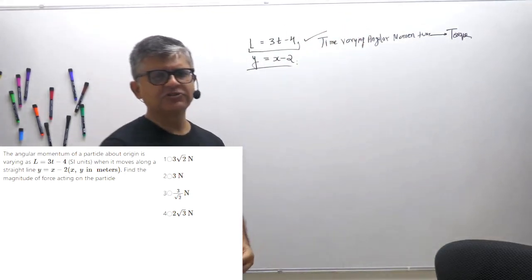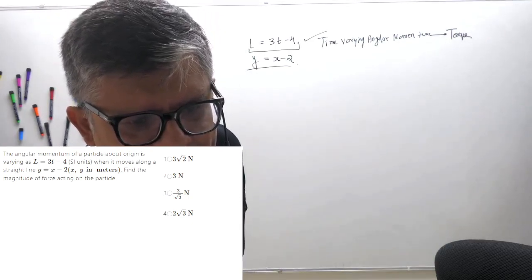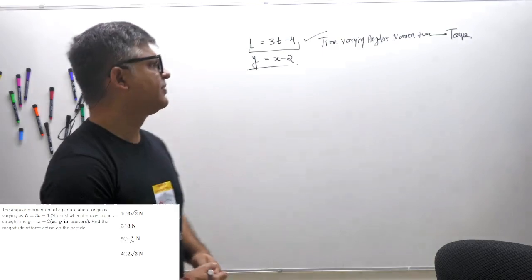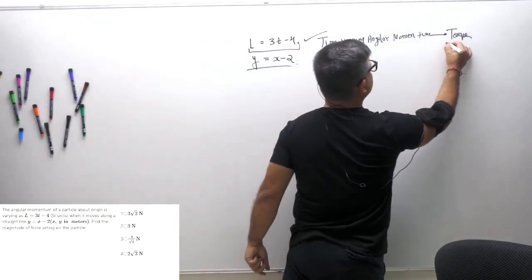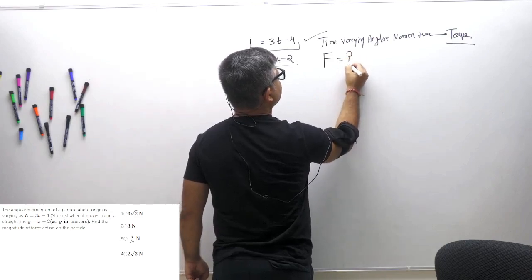So let me just reduce the size of this question. I hope you've read it carefully and now we can solve it. So the body is being subjected to torque. The question is, what is the force being acted on the body?